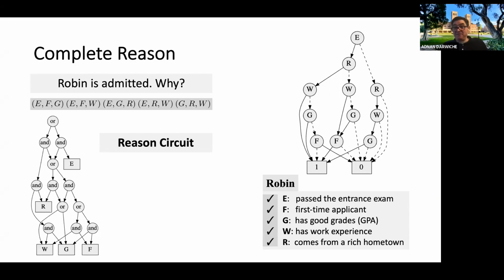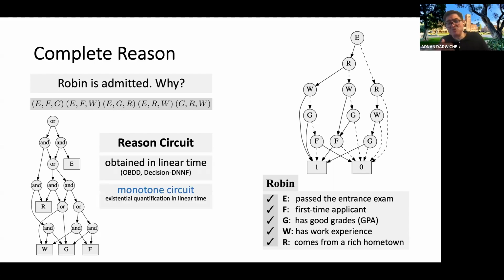I can extract it from the classifier and the instance in linear time. I'm going to show you the procedure in the next slide. It's pretty simple. This can be obtained in linear time if your classifier is represented in a particular type of tractable circuit. It works for OBDDs and for a type of tractable circuits called d-DNNFs. And in recent work, we even relaxed that more. The reason circuit happens to be what we call a monotone circuit. That means very well behaved. It's tractable. You can do all kinds of things on it easily, like quantifying variables.